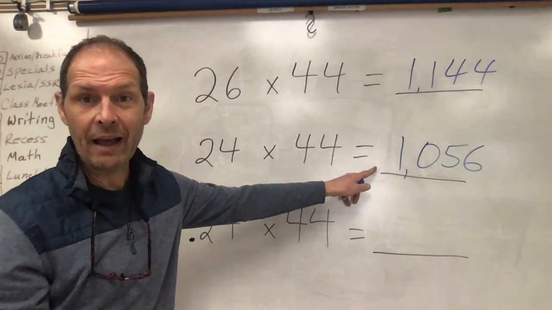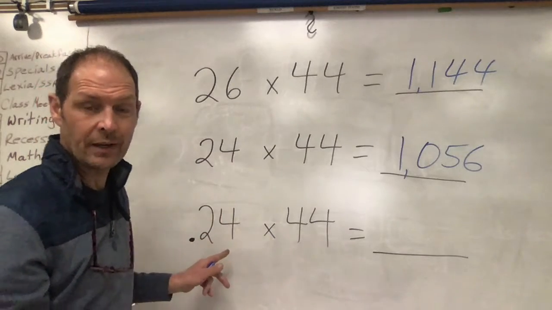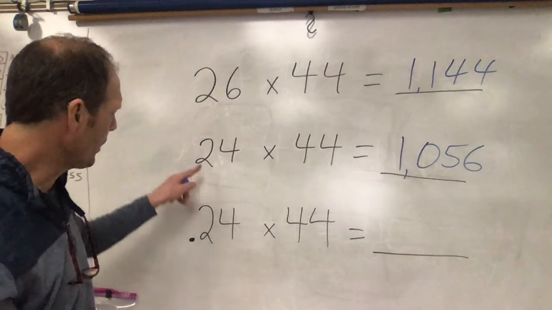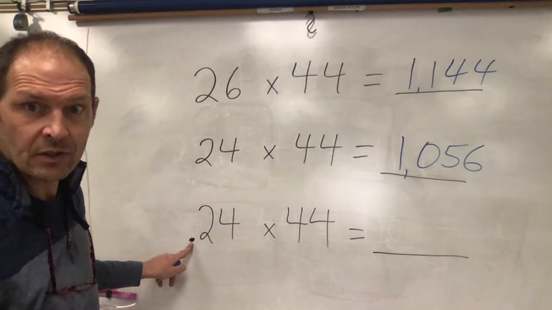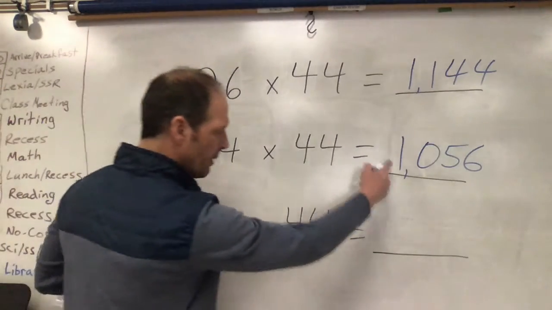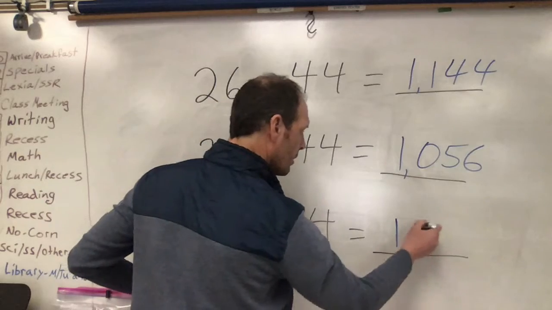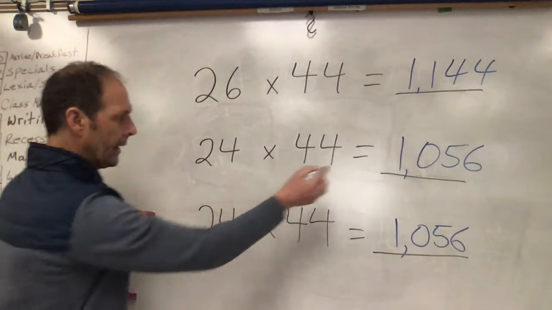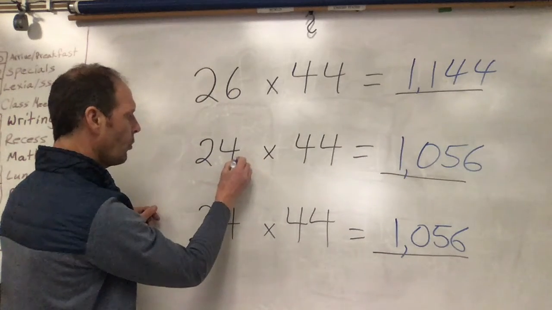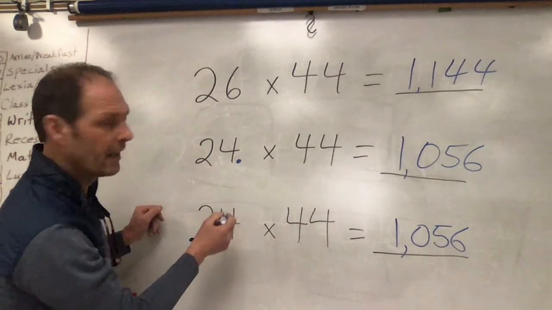Now that we have the answer to that, it makes this next one kind of easy because you notice it's 24 and 24. The only difference is where the decimal point is. Okay, let's go ahead and write this number down here. Now, in this case, the decimal point was here, right?